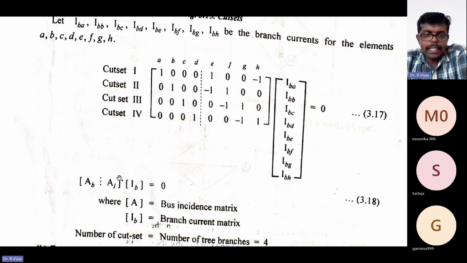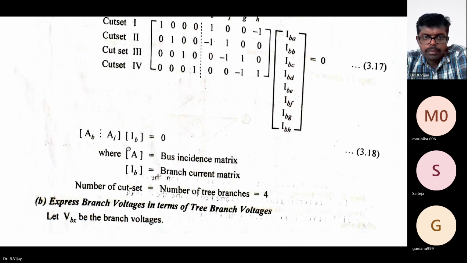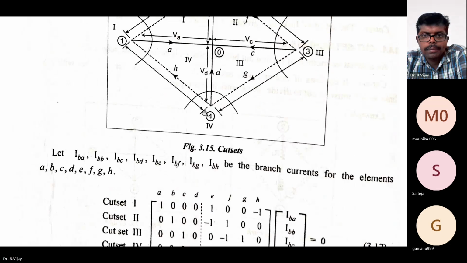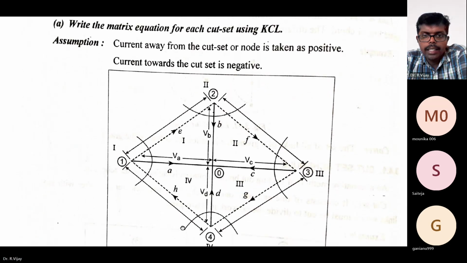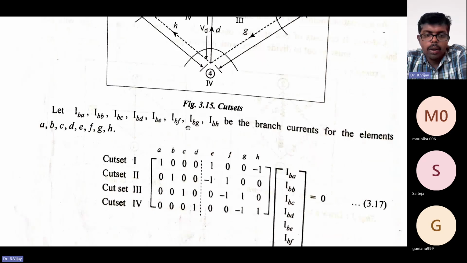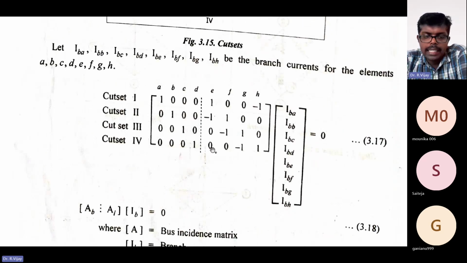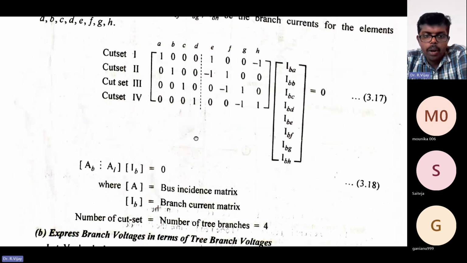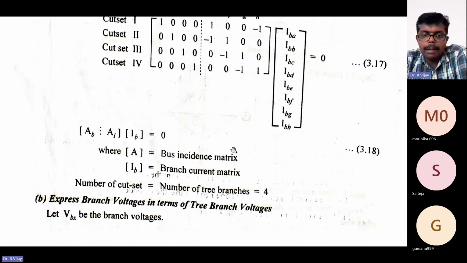Here it is divided like AB into AL, so as a whole it is A, where A is nothing but the bus incidence matrix, and IB is the branch current matrix, the branch currents in matrix form.